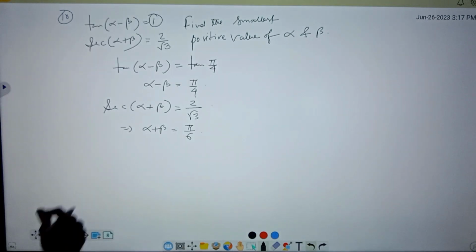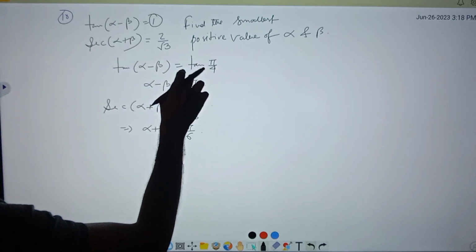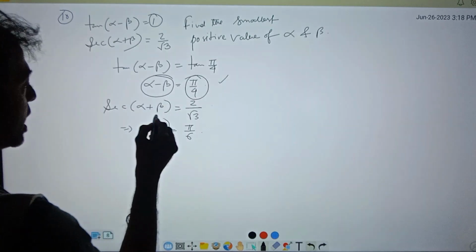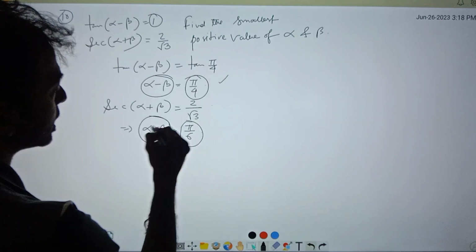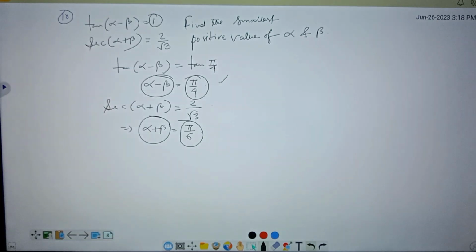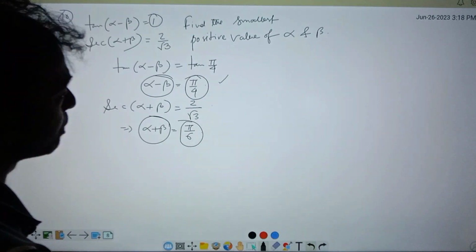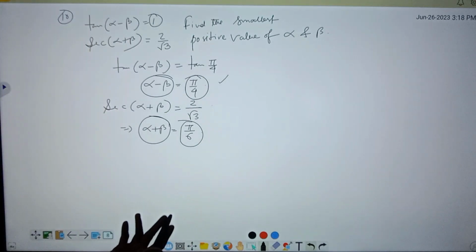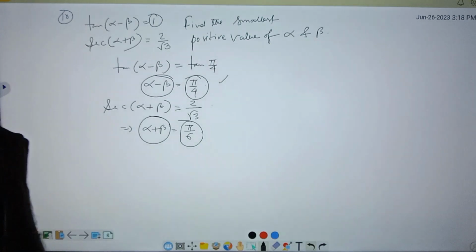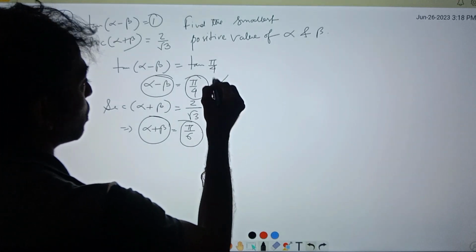Now the problem is subtracting two angles, we are getting pi by 4, that is 45 degree, and adding these two angles, we are getting pi by 6. Definitely after solving for alpha and beta, we will not get the positive value of alpha and beta. We may get some negative value for beta, or some negative value for alpha here also. So that will not satisfy the given condition.